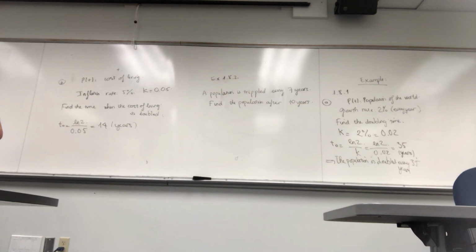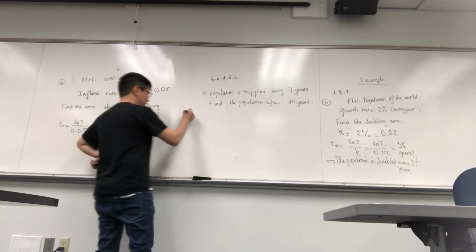So in the next example, we're going to consider a population. We know that the population is increasing, is triple every 7 years. And we have to find a population after 10 years. Right? So in this case, we don't have the k yet, but we have to compute the k.